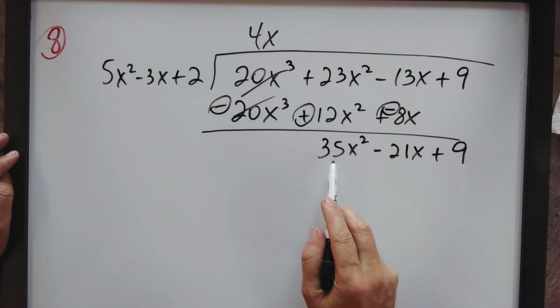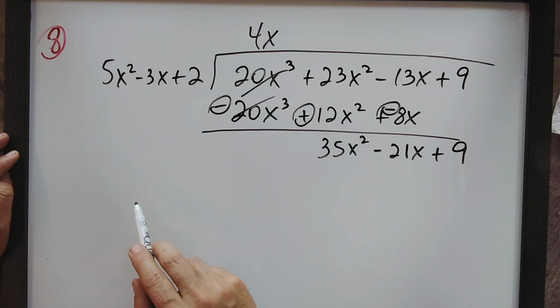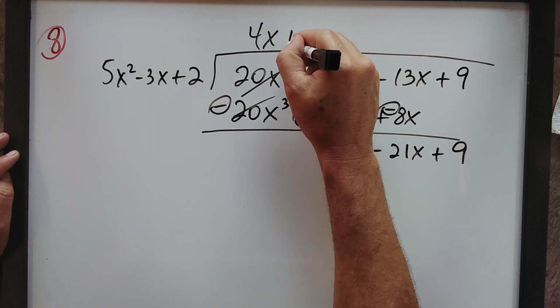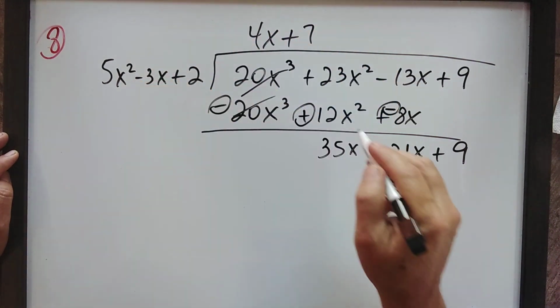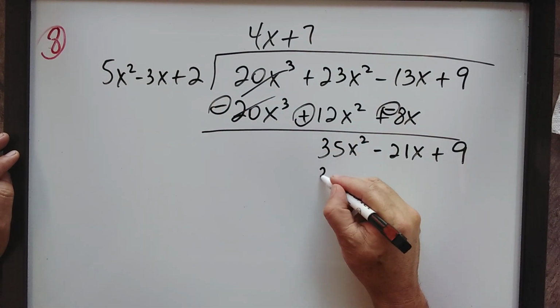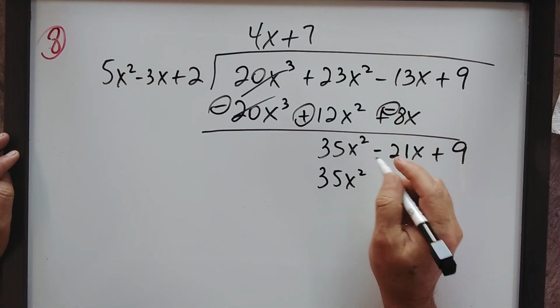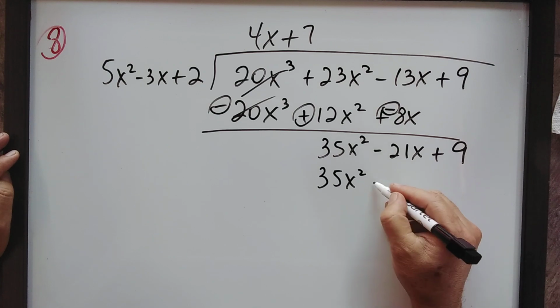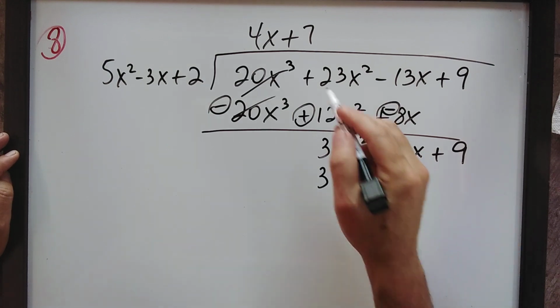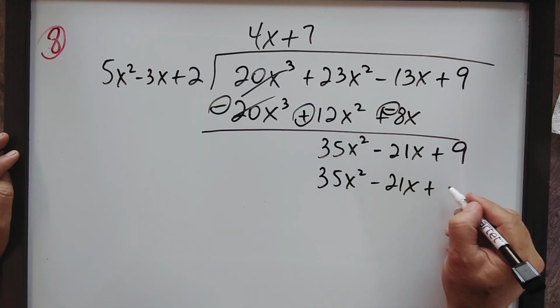And now do it one more time. 35x squared by 5x squared gives you positive 7. 7 times 5x squared is 35x squared. 7 times -3x gives you negative 21x. And 7 times 2 is positive 14.